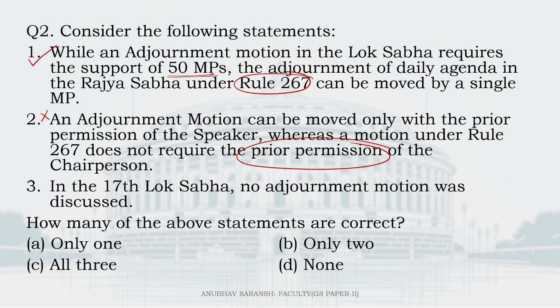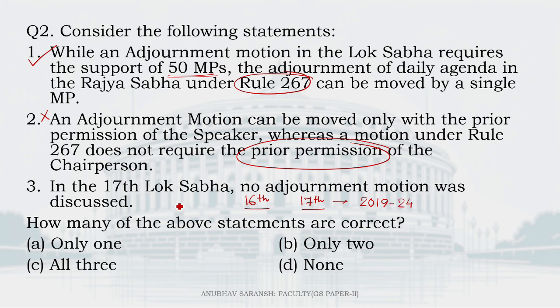Number 3, in the 17th Lok Sabha, no adjournment motion was discussed. Absolutely correct. Neither the 16th nor the 17th. In both these Lok Sabhas, not a single adjournment motion was discussed. The 17th Lok Sabha refers to the time frame 2019 to 2024.